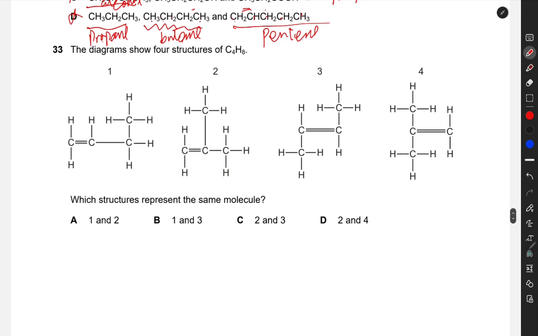The diagram shows 4 structures of C4H8. Which structures represent the same molecule? This is 1-butene, carbons 1, 2, 3 and 4.